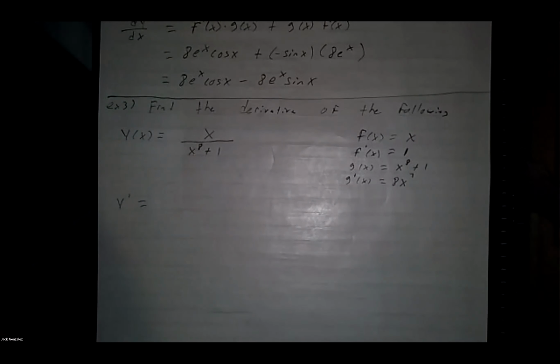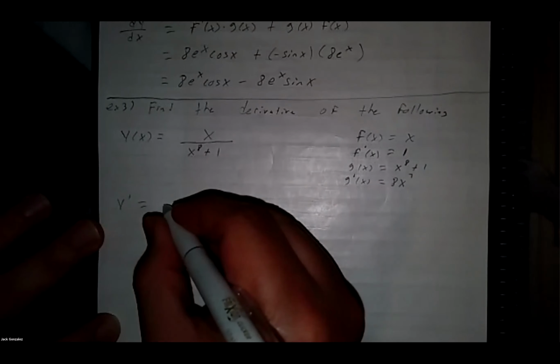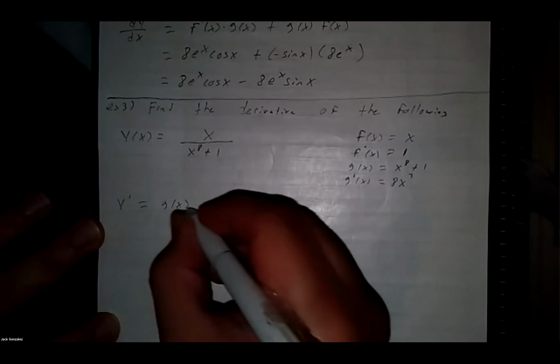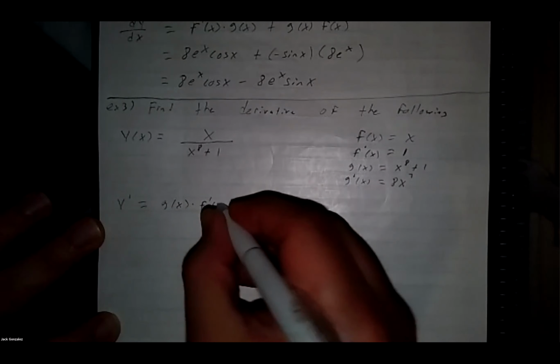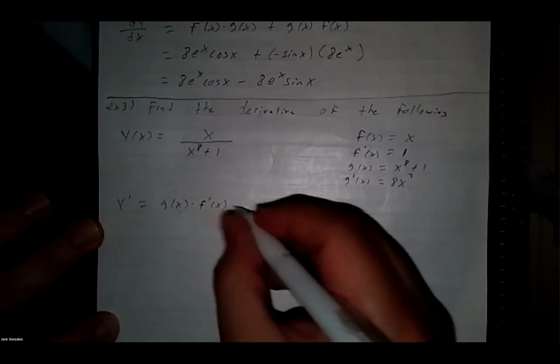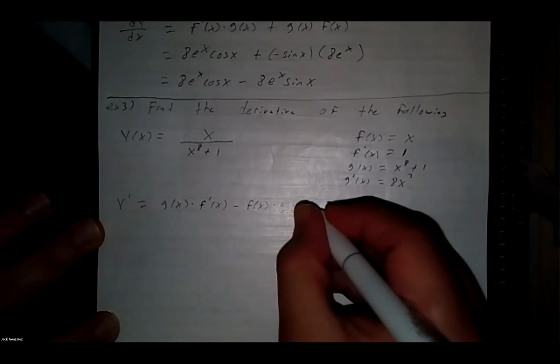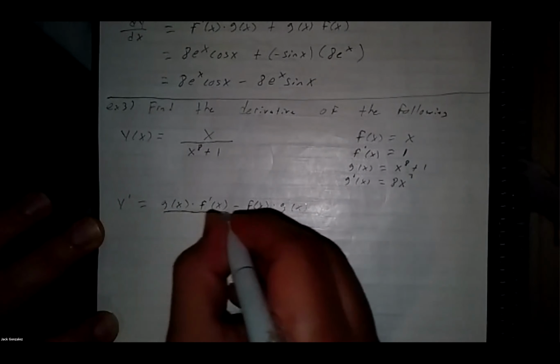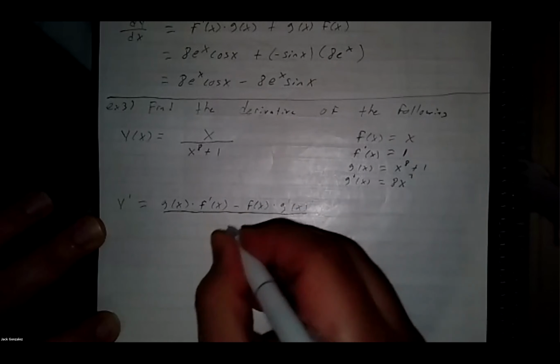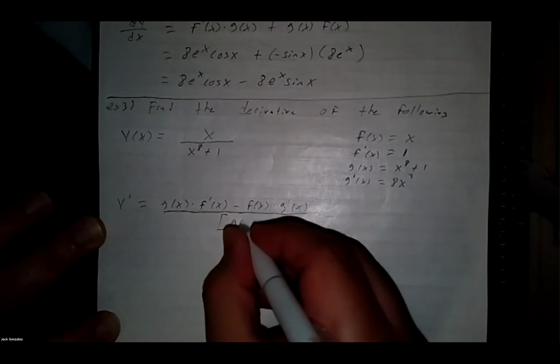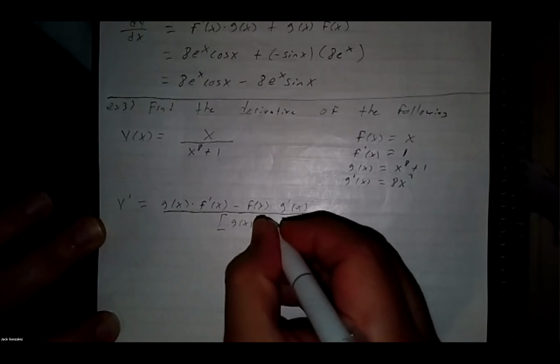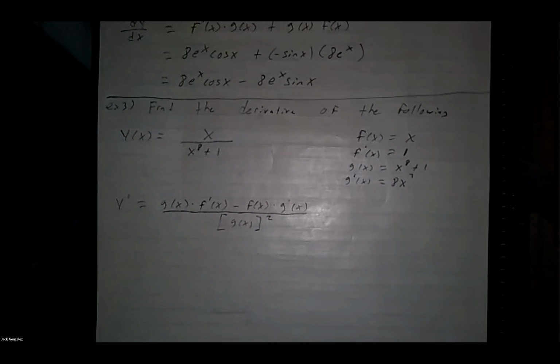Let me write the rule down, because in the quotient rule the order is important because there's a minus sign. It's going to be g of x times f prime minus f times g prime, over g of x squared. All right.